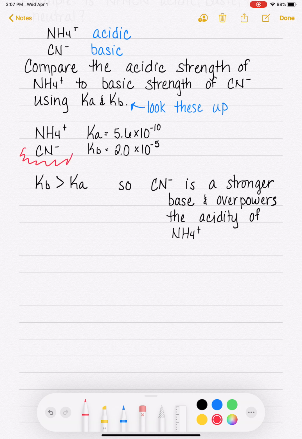Cyanide is a big, old, powerful, mean old base. And the ammonium is just a little weak acid. And the cyanide is overpowering the acidity of the NH4 plus. And that means that this compound, NH4CN, is basic.